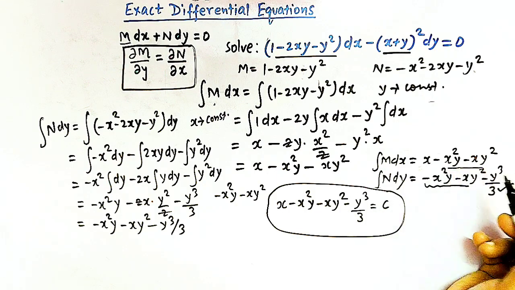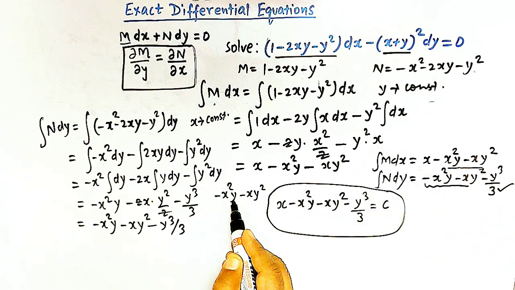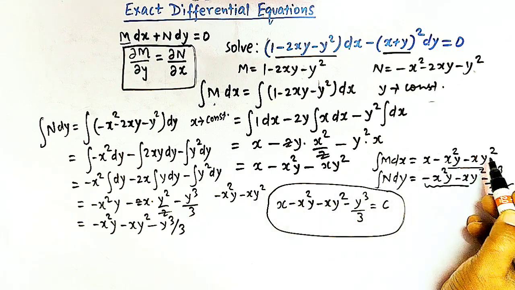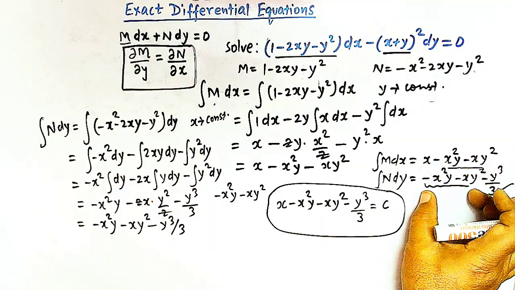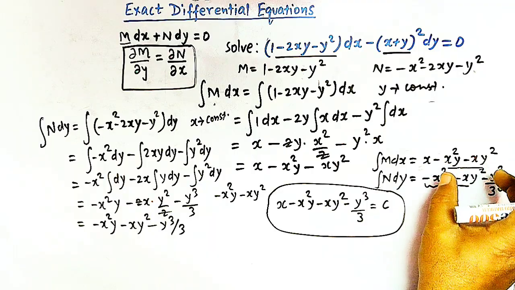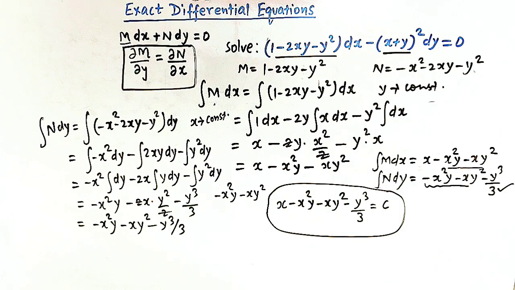We have to consider the repeating terms only once, because here we have minus x square y minus xy square. This term is appearing in both the expressions, so this term has to be considered only once in the solution, right?